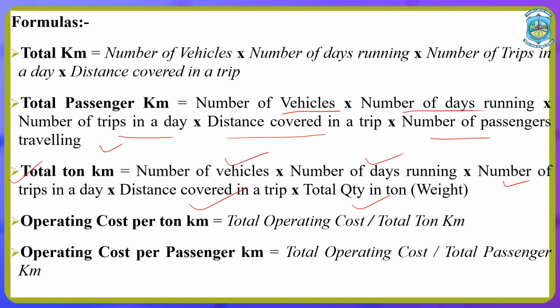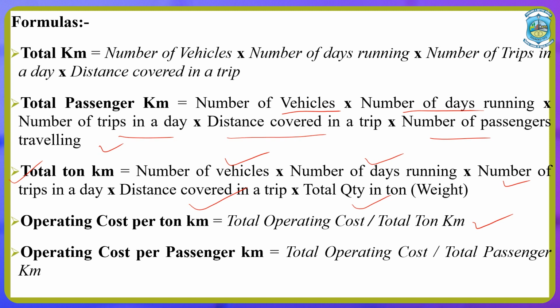Multiplying these items gives total ton kilometers. To calculate operating cost per ton kilometer, we divide total operating cost by total ton kilometers.